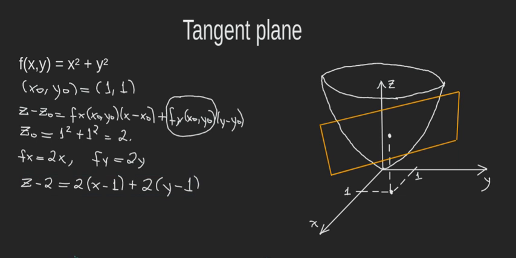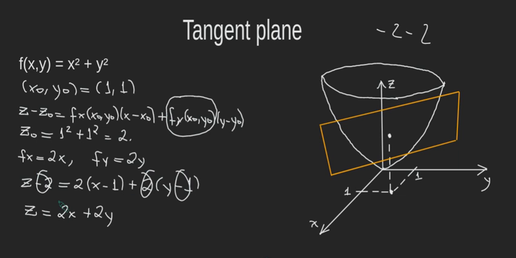Well, let's isolate z here. z is equal to, this here I will pass to the other side, so keep that in mind. 2 times x is just 2x. 2 times y is just 2y. 2 times minus 1 is minus 2. 2 times minus 1 is minus 2 again.